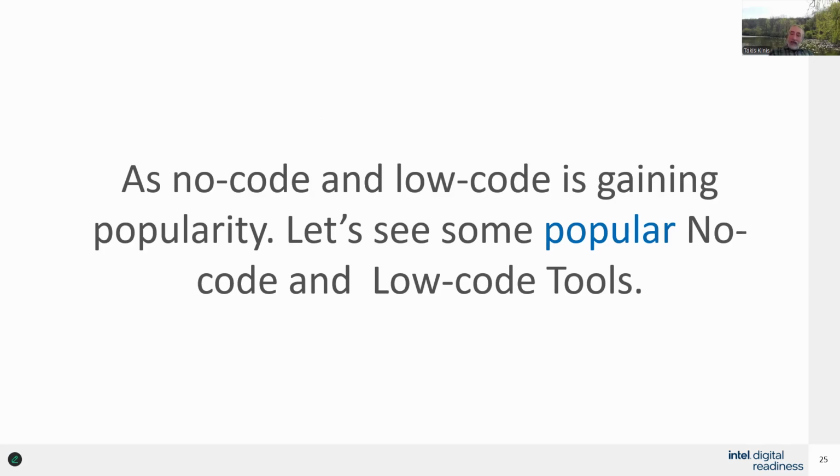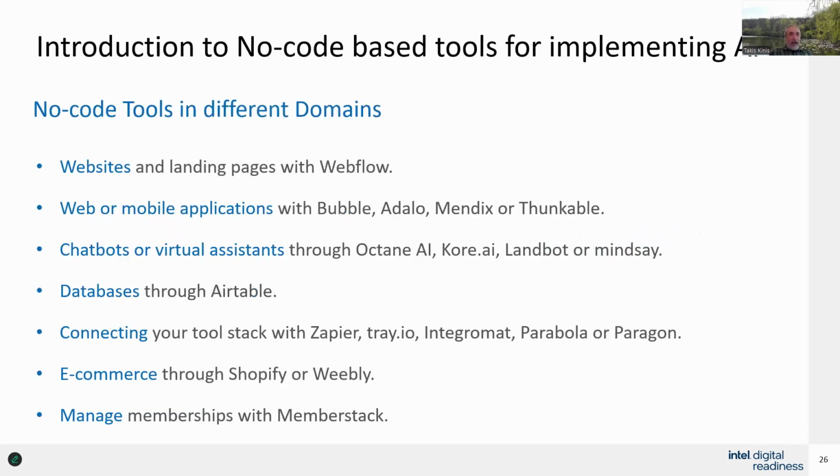So let's take a look at some tools that kind of fit into these areas, right? It's not all just about AI, right? Because coding and no coding affects all the areas of IT that require application development. Okay, so websites are a big one, right? We do everything through the web.